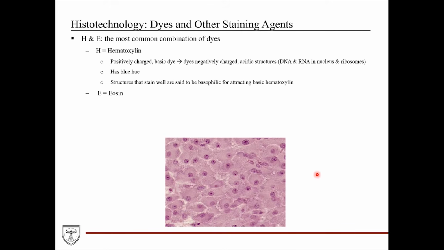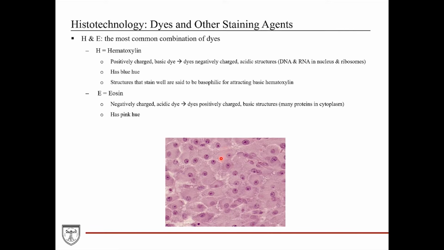The E in H&E stands for eosin. This is a negatively charged dye, which means they're acidic in pH. So they are attracted to the positively charged or basic structures in the cells, and many proteins in the cytoplasm, being basic in nature, will stain well with eosin, which has a pink to red hue.